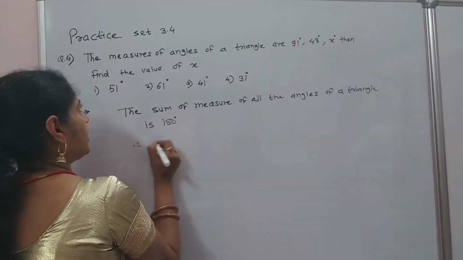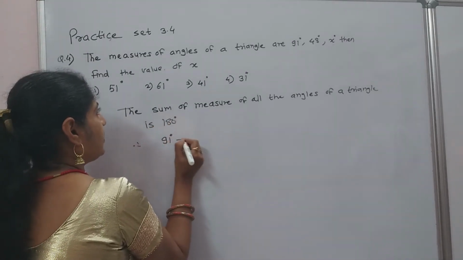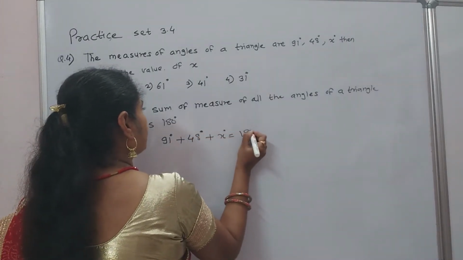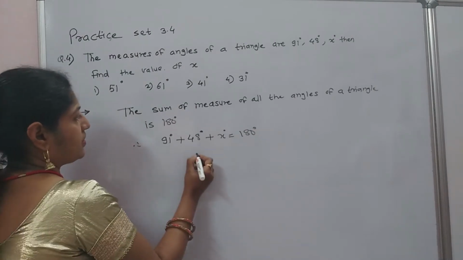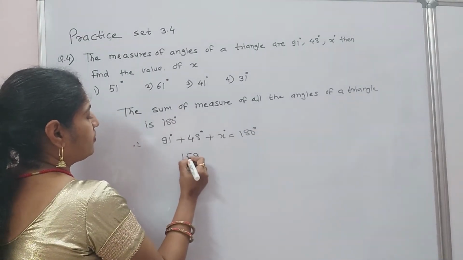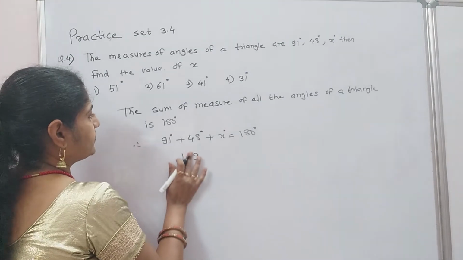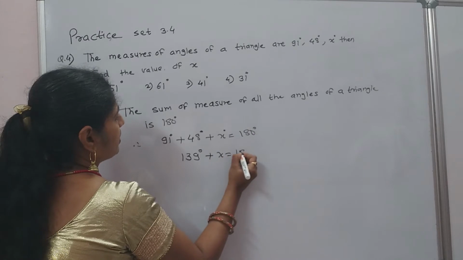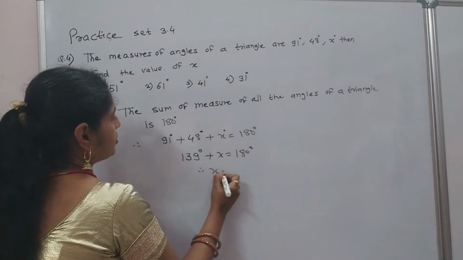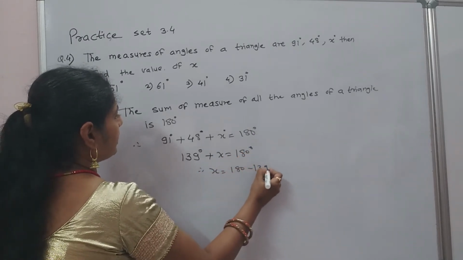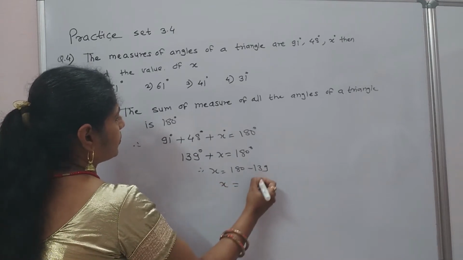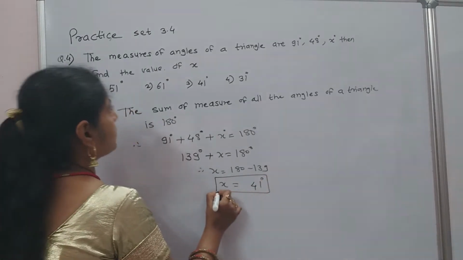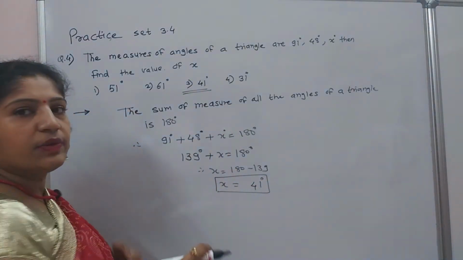So 91 plus 48 plus x equals 180. 139 plus x equals 180. So x equals 180 minus 139, x equals 41. So our answer is option number 3.